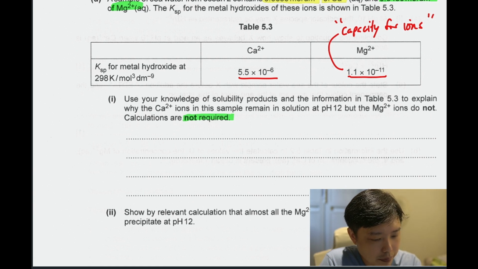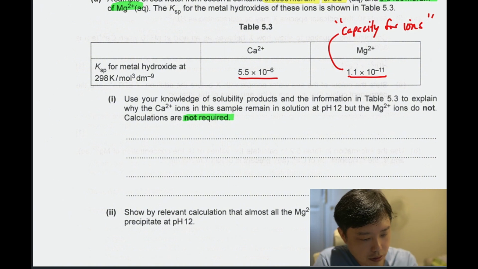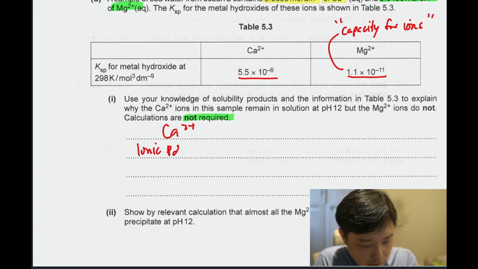Okay, so at pH 12, you're going to have the ionic product greater than the KSP of magnesium hydroxide. For calcium, the ionic product is still lesser than the KSP.